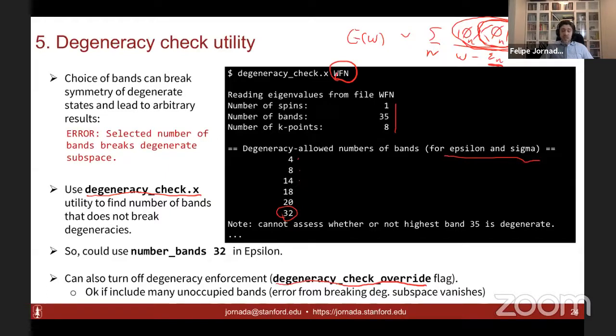And turning off this enforcement is typically okay if you include many unoccupied bands, because the error that you're making by breaking the degeneracy vanishes as you're making an error at higher and higher energy bands, which contribute less and less to your quasi-particle self-energy at the end of the day.